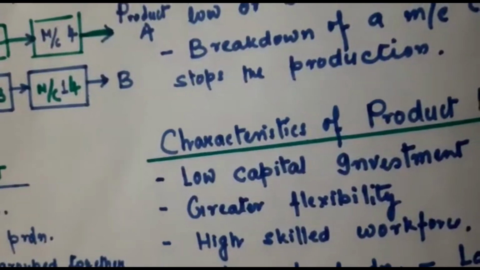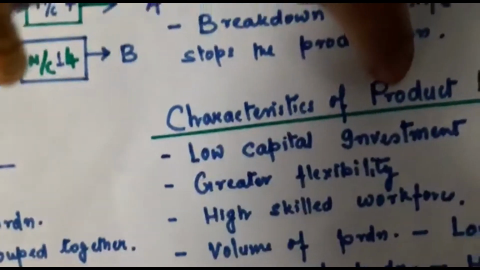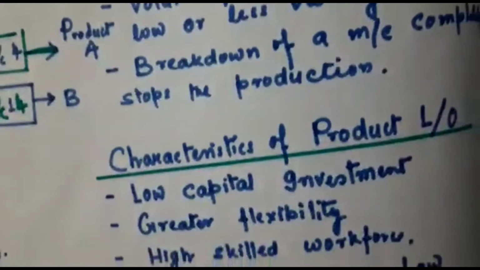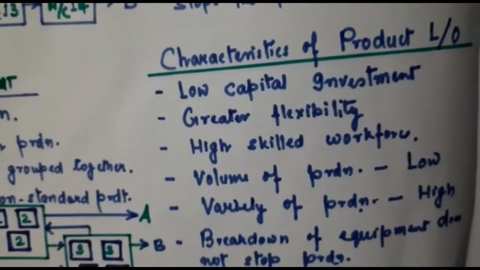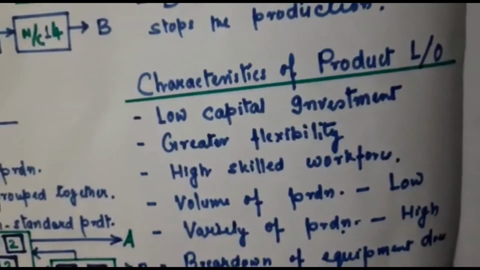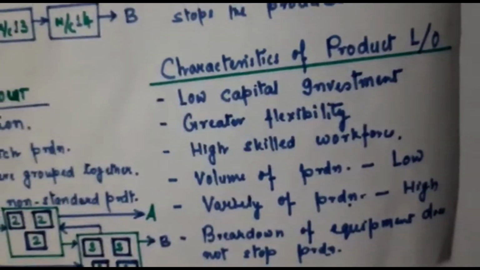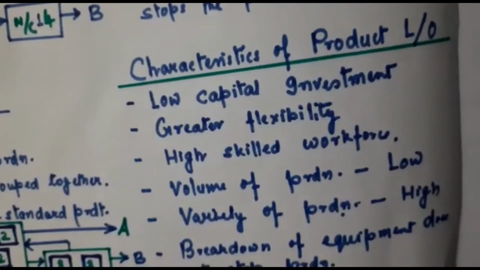But in case of process layout, I have written here product, this should be process layout. In case of process layout, it involves low capital investment because we are not dealing with special purpose machines, and because machines are not dedicated.